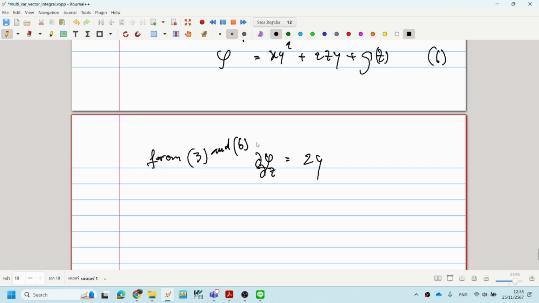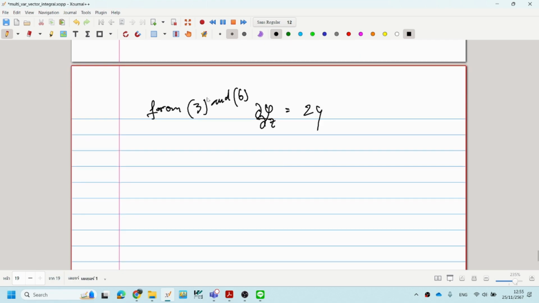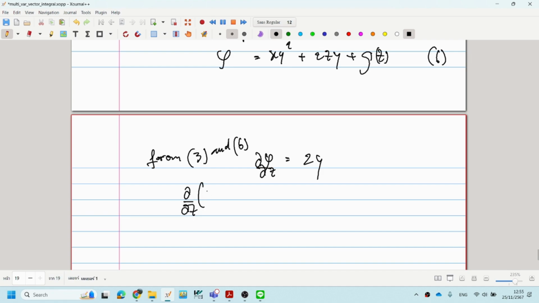And equation six, curve c of equation six is x y square plus 2cy plus g c.